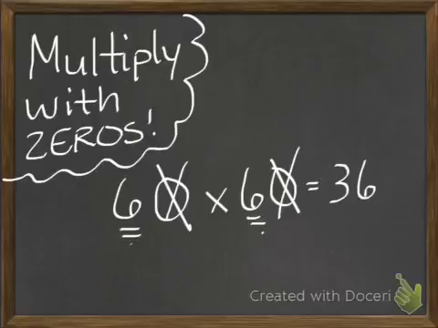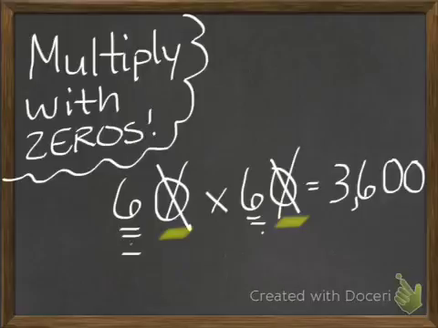So I write that in my answer. Now I think about how many zeros I had in the original number. Looks like 2. So I'm going to add 2 zeros into my answer. And then I have solved for the product. 3,600.